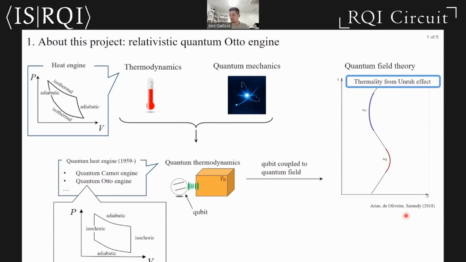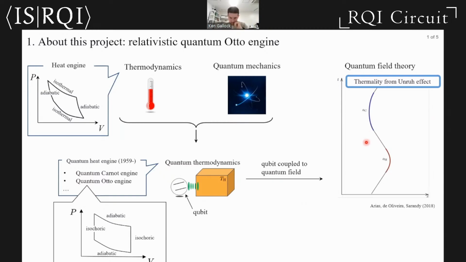This was first considered in 2018, where they considered a qubit traveling in space-time and interacting with a quantum field. The quantum field acts as a bath, and they showed that you can extract positive work by using the induced Unruh effect. By the Unruh temperature, you can actually gain work from this.